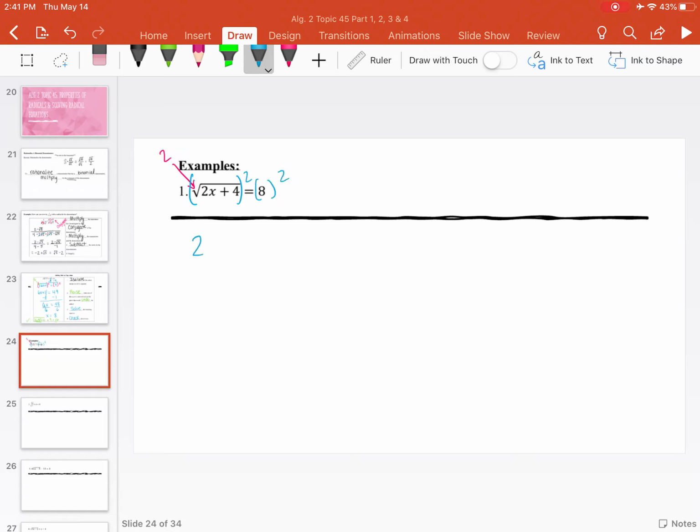I'll be left with 2x plus 4, since squaring both sides is the inverse of taking the square root, and that's going to equal 8 squared, or 64. Subtract 4 on both sides. 2x equals 60. Divide both sides by 2. x equals 30.